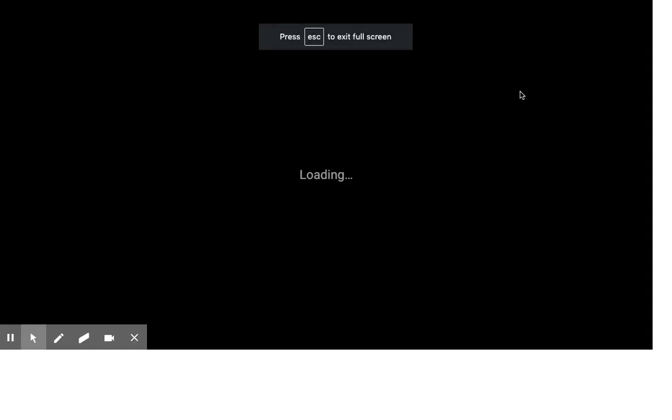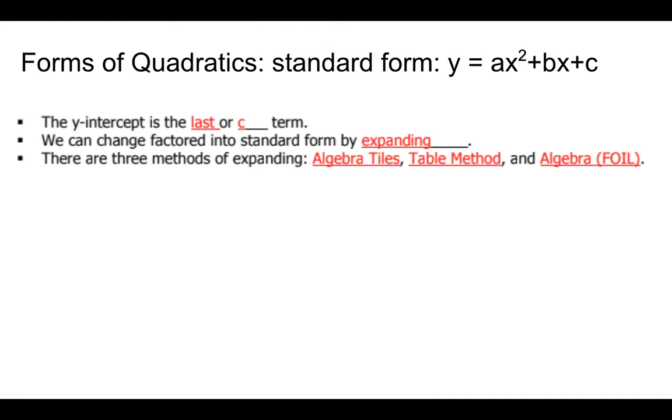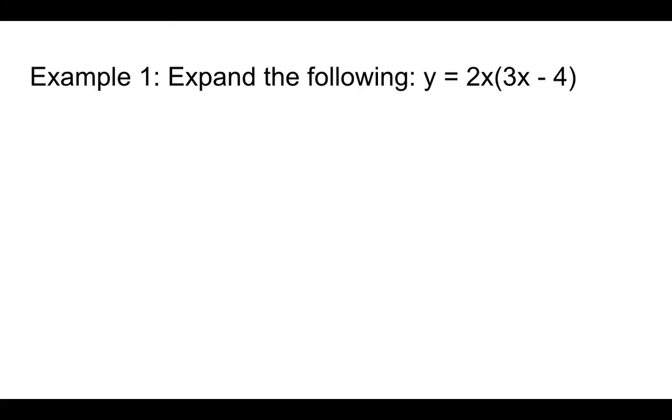So I'm going to go through an example with how we expanded. But the first one, let's just do an example of just expansion. So remember, if we expanded something like this, y equals 2x times 3x minus 4, when you're expanding, you're going to multiply this term in front of the brackets to every term inside the brackets.